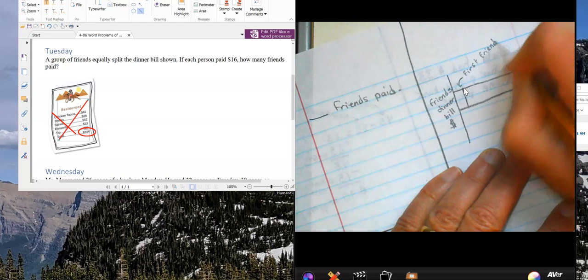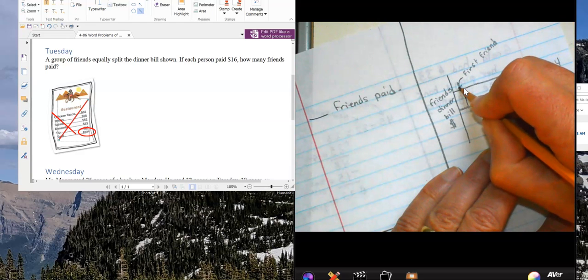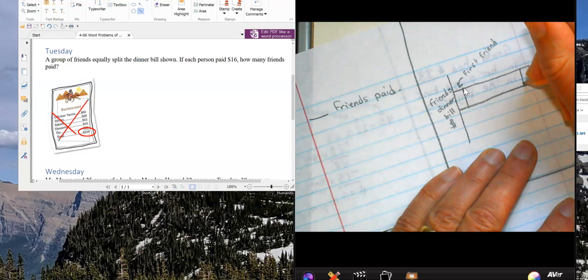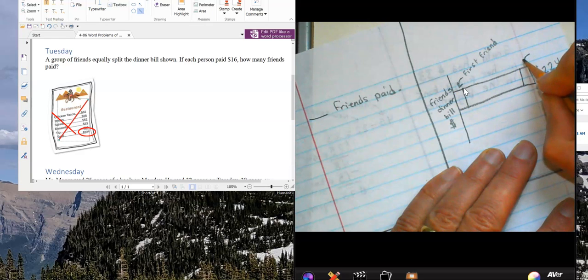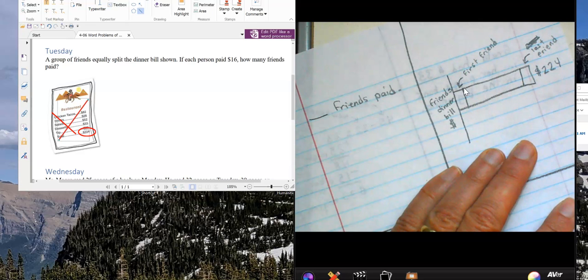And since they're talking about plural friends, I know there's going to be at least a last friend. So there's at least two, and I'm sure there's going to be more. Oh, not first, but last friend. So I've got my first friend and my last friend. I think I've put together everything I need for that first sentence. Now I'm going to look at the next part.